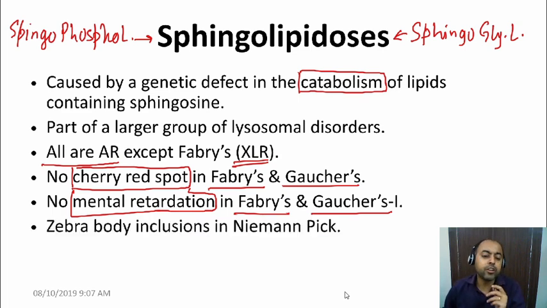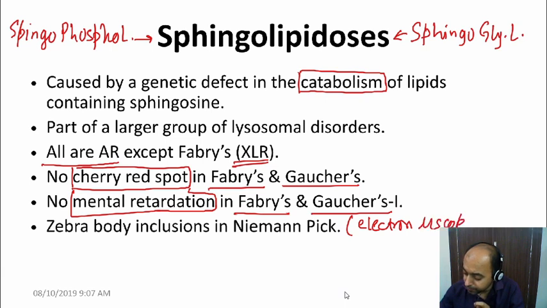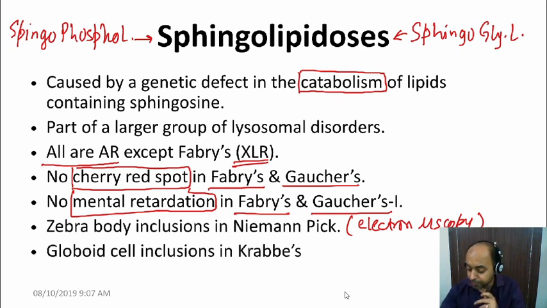Very, very important points. The zebra body inclusion in Niemann-Pick is visible via electron microscopy. And then we have the globoid cell inclusion in Krabbe's.